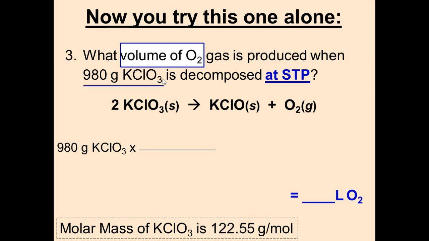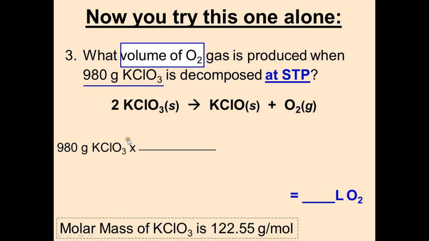And remember, we always want to go to moles, so we can go to mole ratio. So we use grams, and remember, molar mass is what's used to convert from grams to moles. That's like your best friend when you're going from grams to moles. And luckily, this PowerPoint gives us that the molar mass of KClO3 is 122.55 grams per mole.